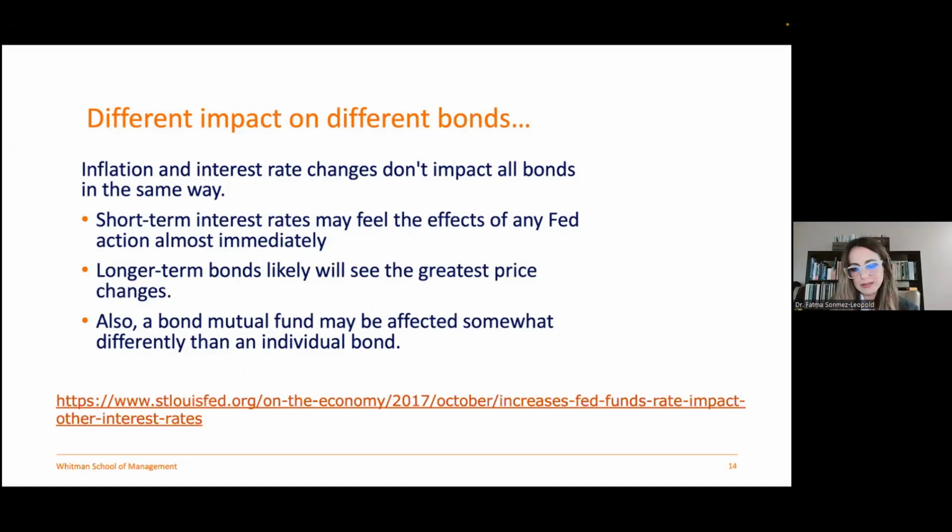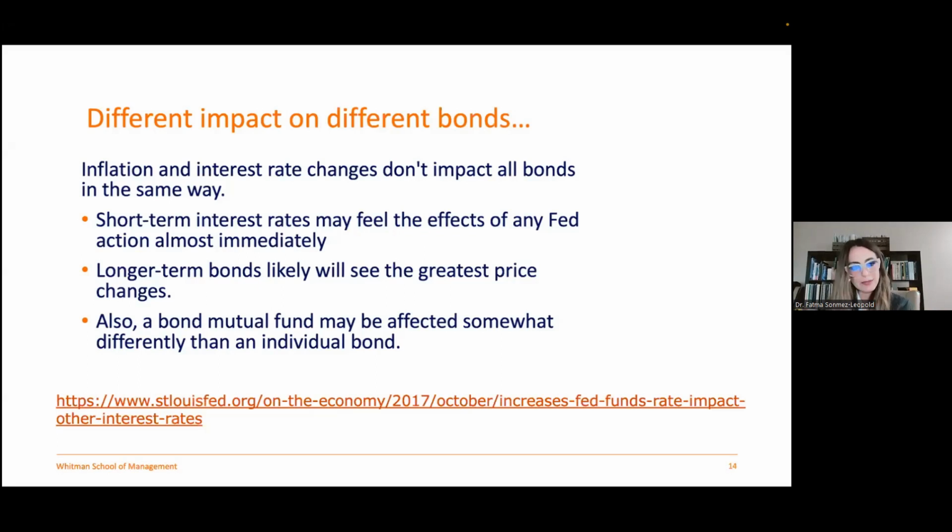Short-term interest rates may feel the impact of any Federal Reserve Bank action almost immediately. Why almost immediately? Because the federal fund rate is a short-term, overnight interest rate. So any other short-term bonds, like 1 month, 3 months, 6 months, up to a year, may feel the impact immediately.